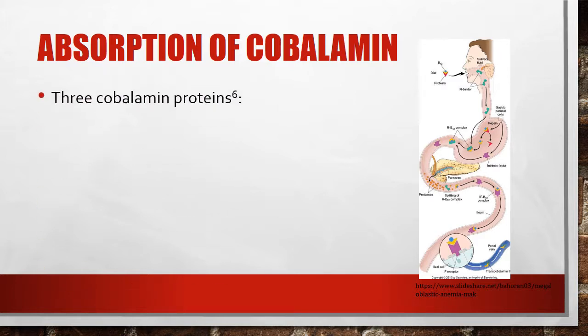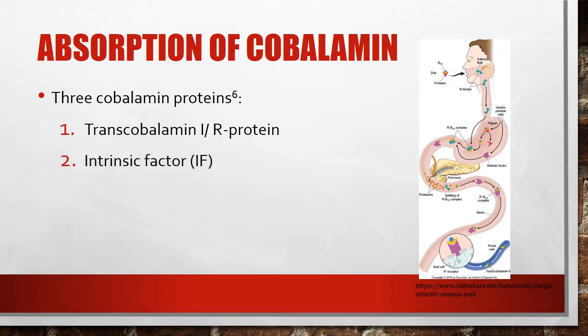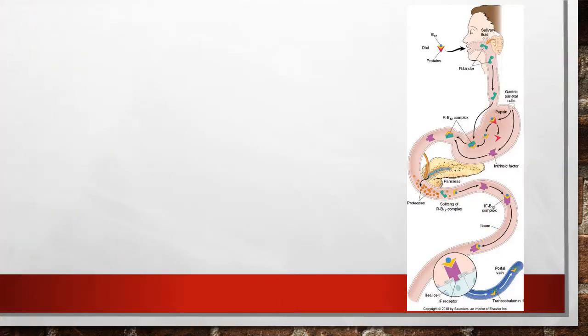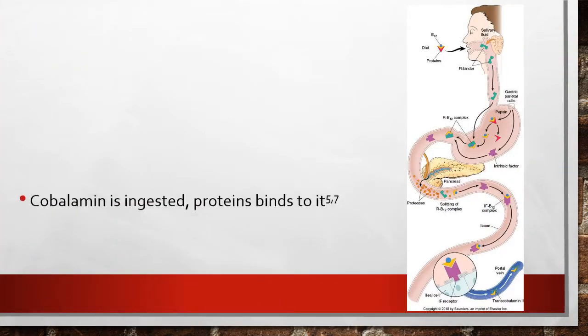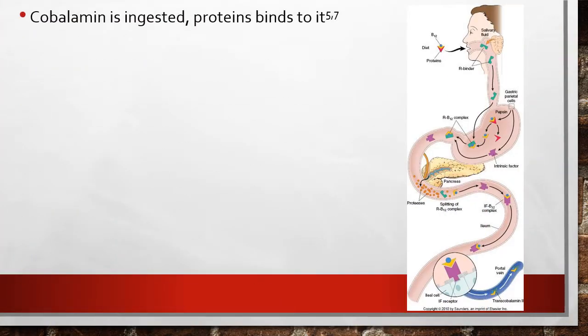There are three cobalamin binding proteins that facilitate its absorption in the body, namely transcobalamin 1 or the R protein, intrinsic factor, and transcobalamin 2. Cobalamin is ingested in the body through dietary sources, preferably animal proteins, where the proteins are bound to the cobalamin.